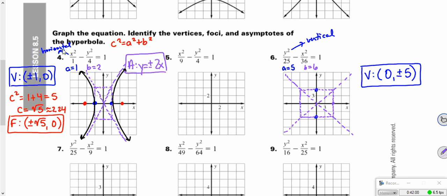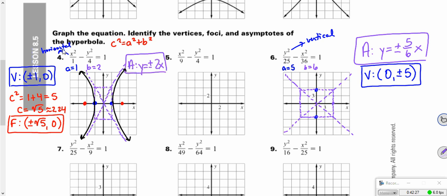Asymptotes are going to be y equals plus or minus rise over run. In this case, what's under your y, a, is 5, over your run, what's under your x, is going to be 6. So plus or minus 5/6 x. Those are my asymptotes.